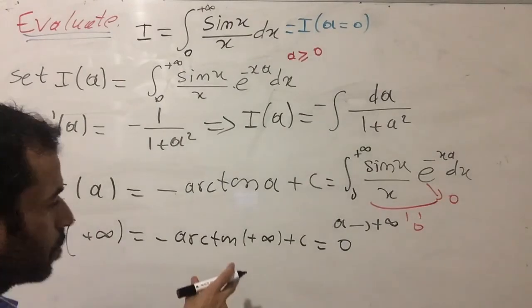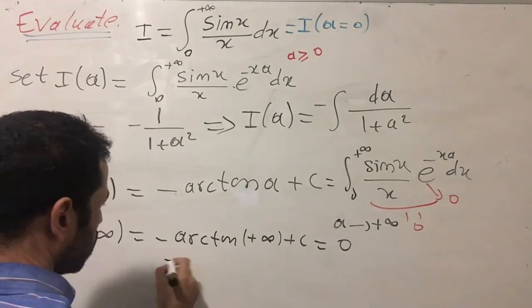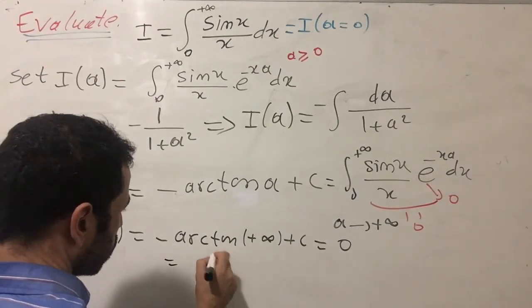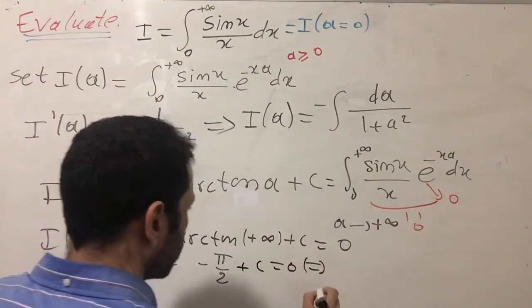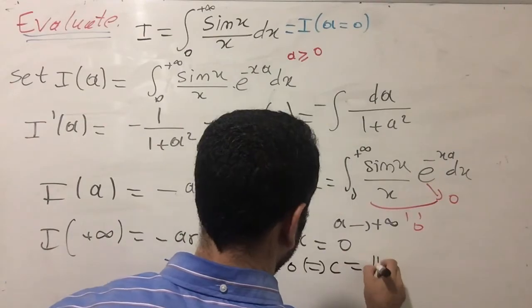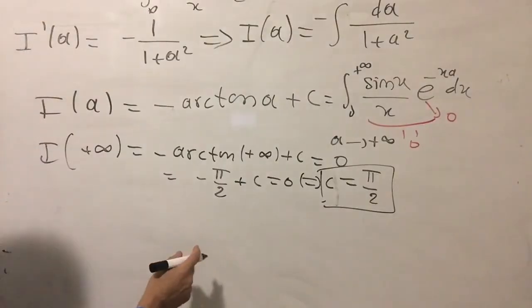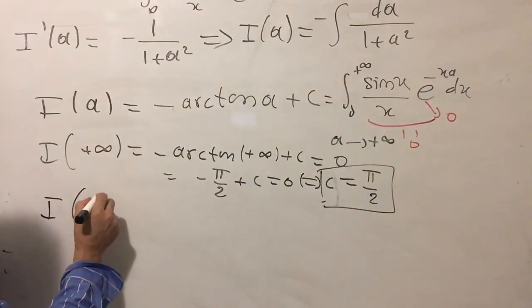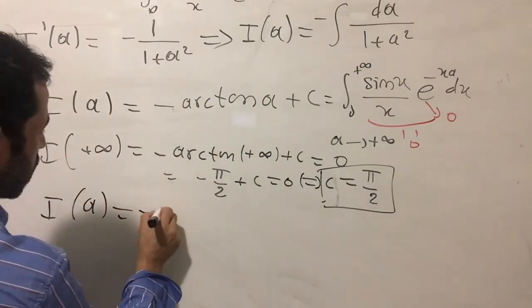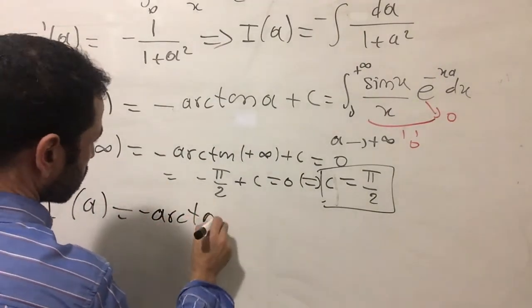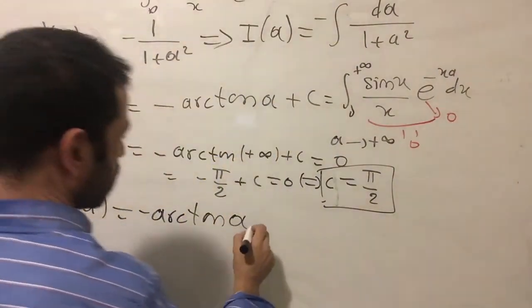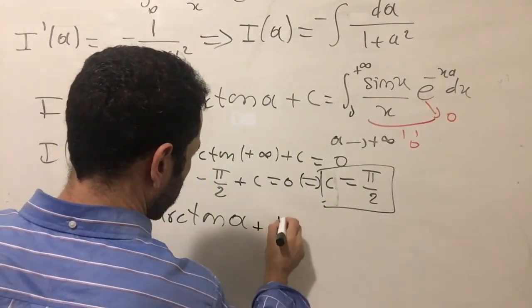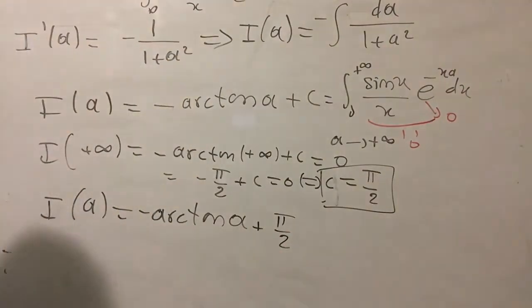So arctangent of plus infinity is pi over 2, so minus pi over 2 plus c equals 0. That means c equals pi over 2. So my integral now, I of a, equals minus arctangent of a, not x, a, because we have a different variable, plus pi over 2.